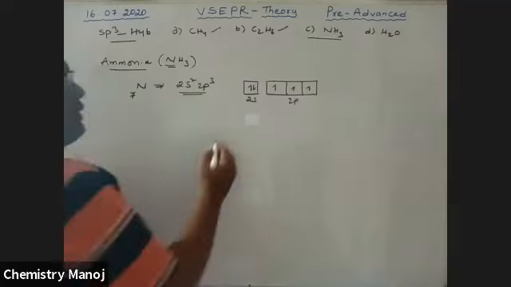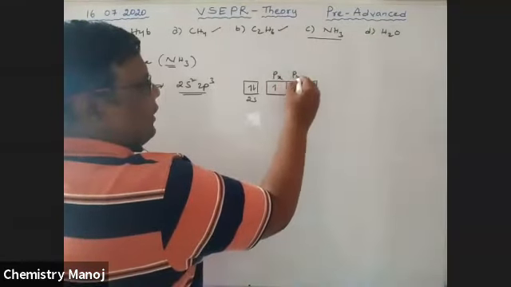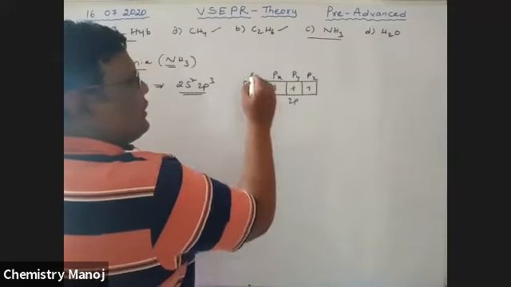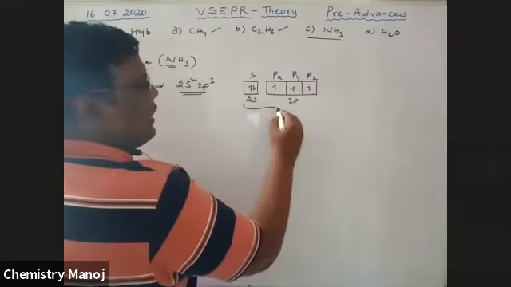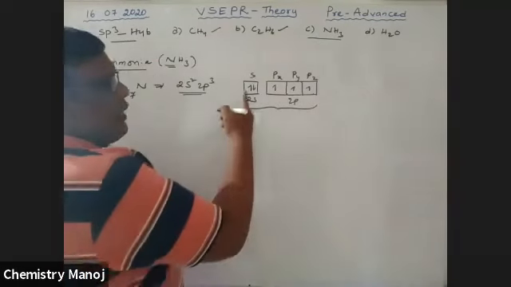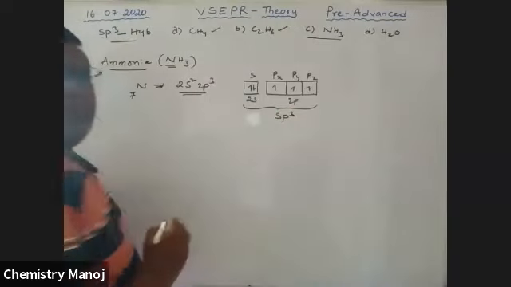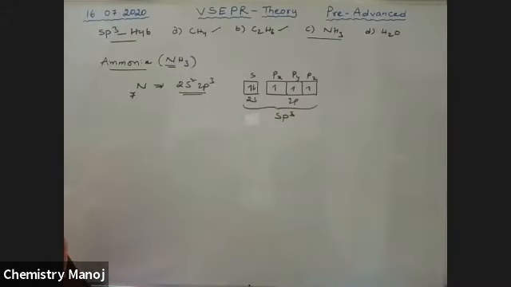So all these orbitals, the s orbital, px orbital, py orbital and pz orbital, are involved in hybridization. That too, one s orbital and 3 p orbitals give sp3 hybridization.